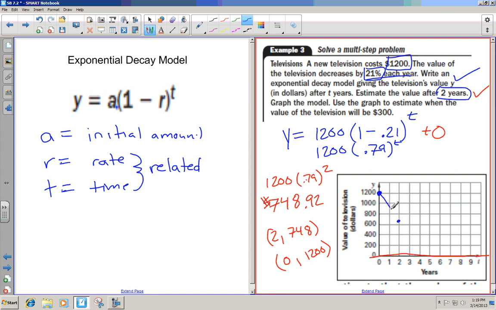Your graph will slowly start to curve out like that. An asymptote of 0 makes sense because at no point will the TV be worth nothing. I mean, you could take it apart and sell a piece of metal for a couple cents.